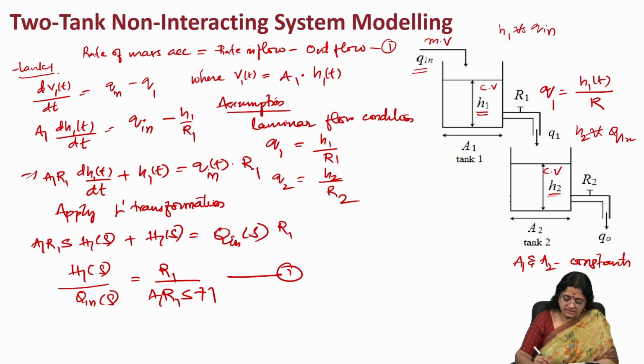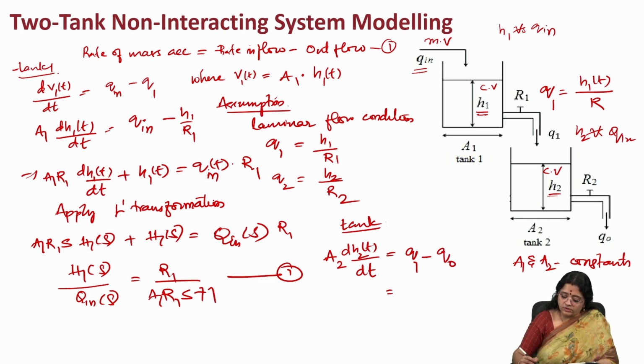Similarly, for tank 2, again we apply the same equations. That becomes A2 dH2 of t by dt is equal to, its input is Q1 and output is Q0.